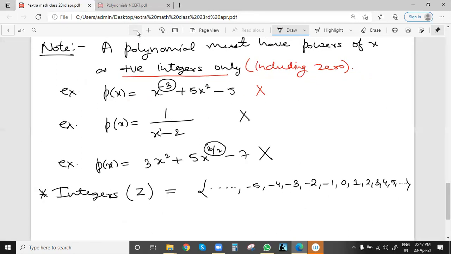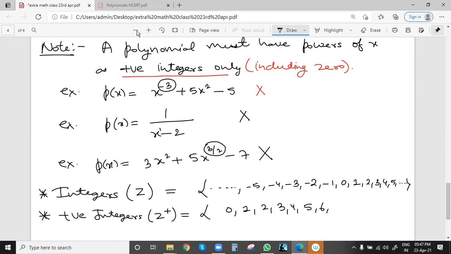Now suppose we want positive integers as a power of x. Positive integers will be written with the symbol Z plus. Positive means it will start from 0, because 0 is also a positive integer: 0, 1, 2, 3, 4, 5, 6, 7, and the numbers will go on.